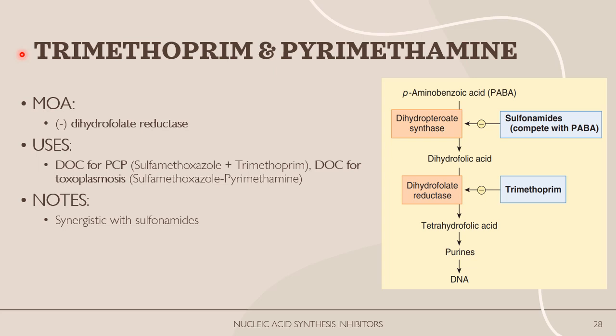Excuse me. So next, you have your dihydrofolate reductase inhibitors, no? Sila trimethoprim and pyrimethamine. So again, they are the drug of choice for pneumocystis carinii pneumonia. Yung sulfamethoxazole natin plus trimethoprim, also known as your cotrimoxazole. And your sulfamethoxazole plus pyrimethamine, this is the drug of choice for your toxoplasmosis.